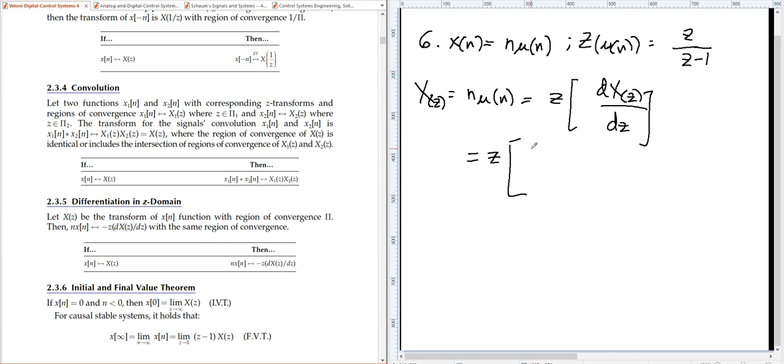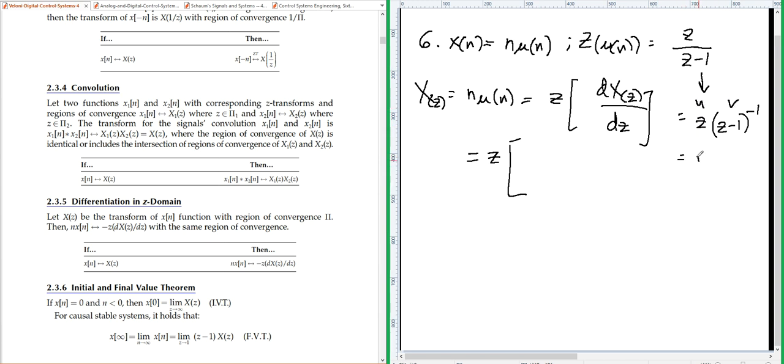If you want to use the product rule, write this as z times z minus 1 to the power of negative 1.